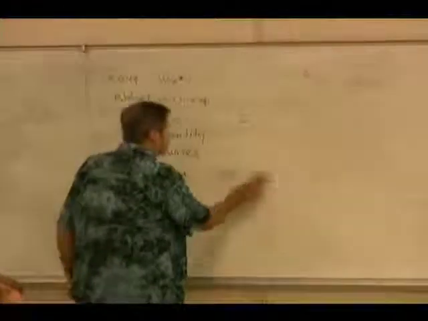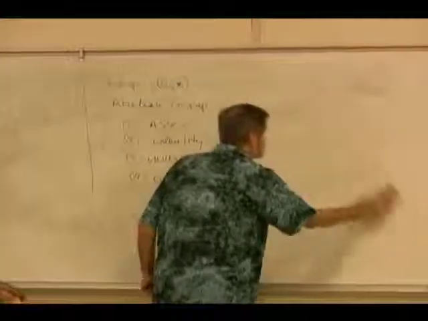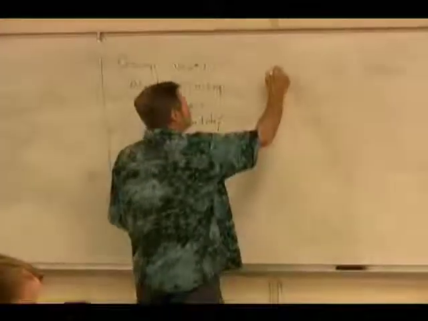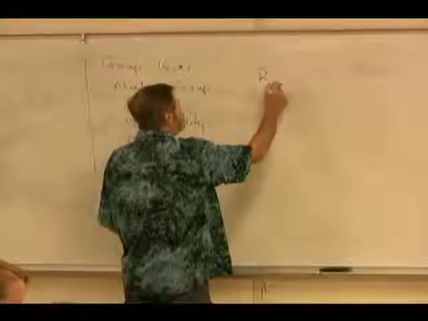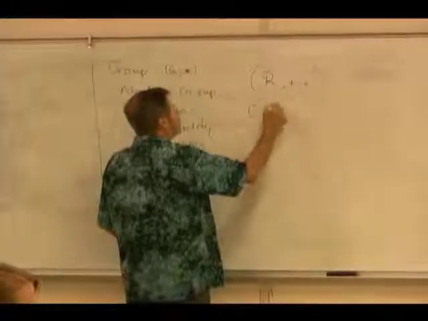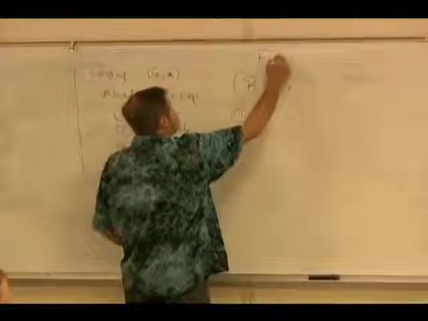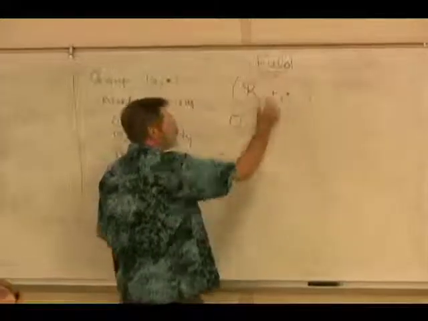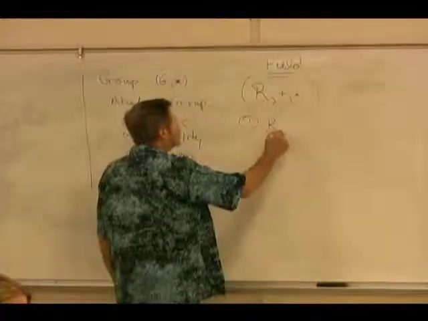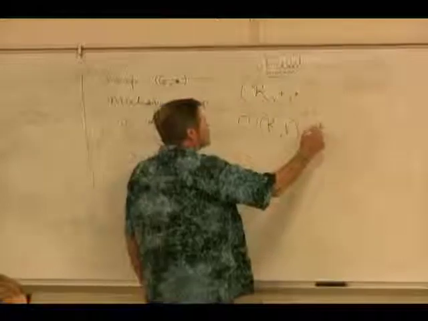If we go back, what I'd like to do is build this up as close to a field as we can. If I use R to stand for a ring under addition and multiplication, now I want to go towards a field, which is our maximum structure for a set of two binary operations. R plus is an abelian group.